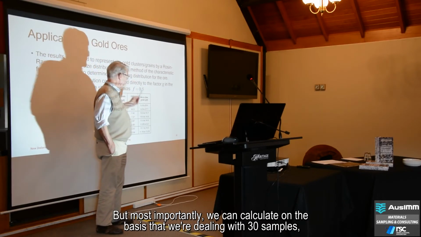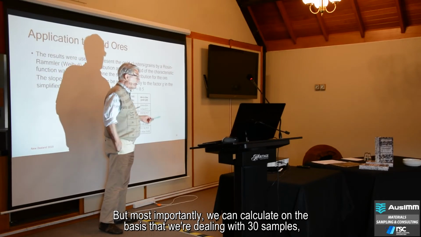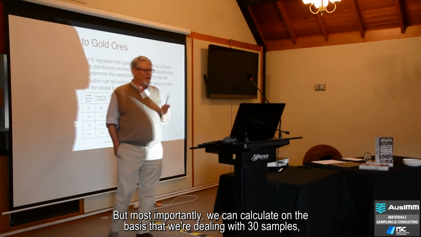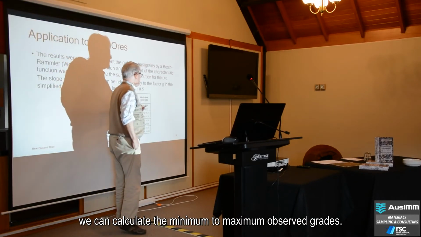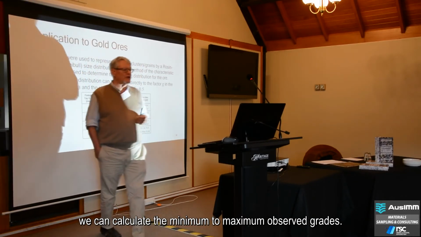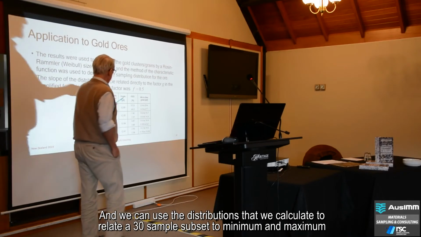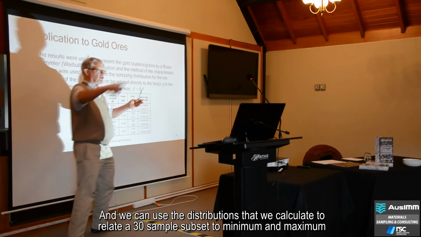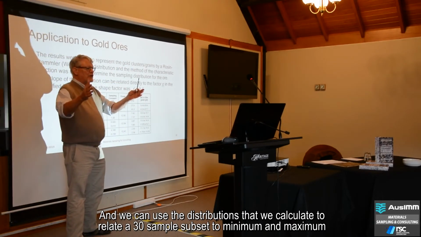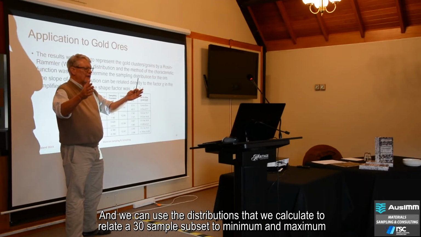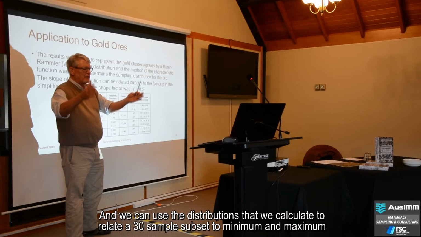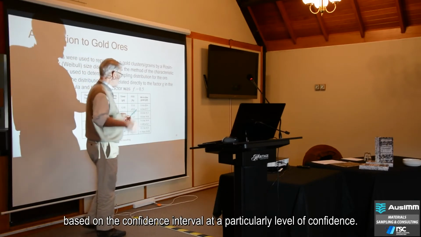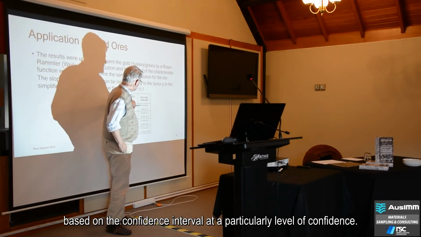But most importantly, on the basis that we were dealing with 30 samples, we can calculate the minimum to maximum observed grades. And we can use the distributions that we calculate to relate a 30 sample subset to minimum and maximum, basically confidence intervals at a particular level of confidence.